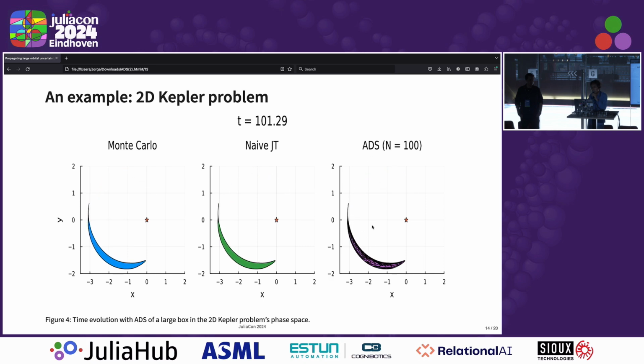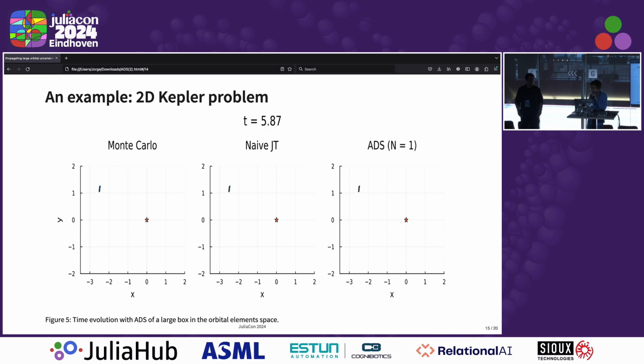So a better set of coordinates would be the orbital elements. In this other animation, we again show the time evolution of an uncertainty box, but this time the perturbations are over semi-major axis and eccentricity. So basically, all the splits occur along the semi-major axis, and also there are fewer splits.